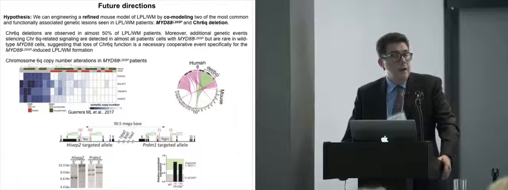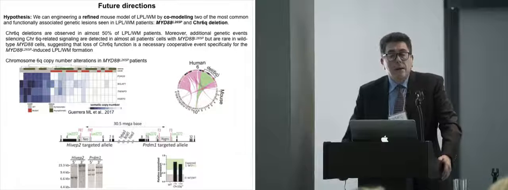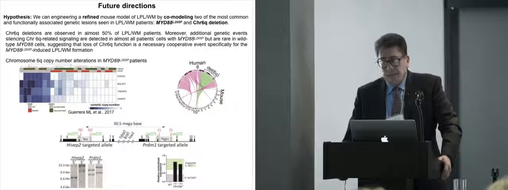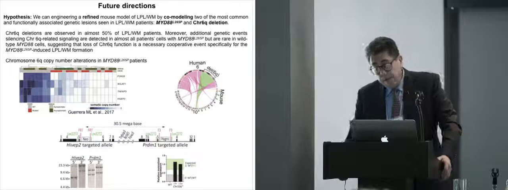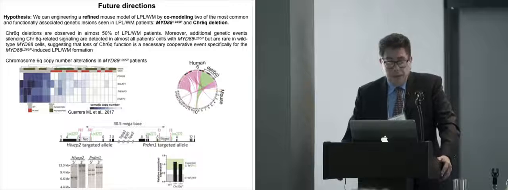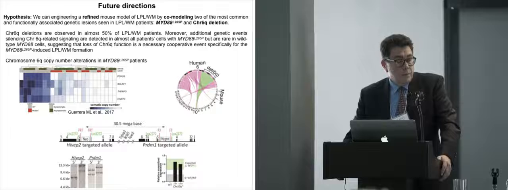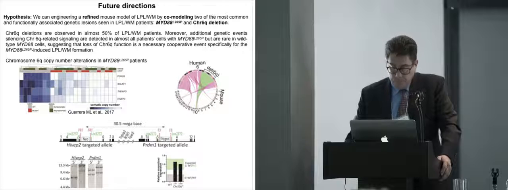So we have in hand now a mouse model of chromosome 10 deletion. And the next step is going to be to cross our MYD88 mutant protein animal with chromosome 10 deleted, and see if they develop Waldenstrom macroglobulinemia.